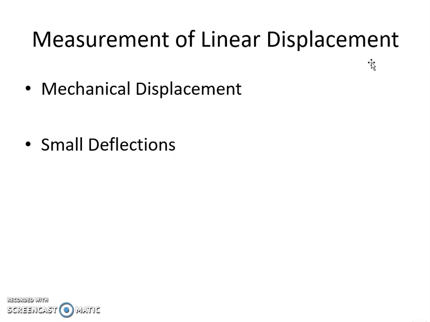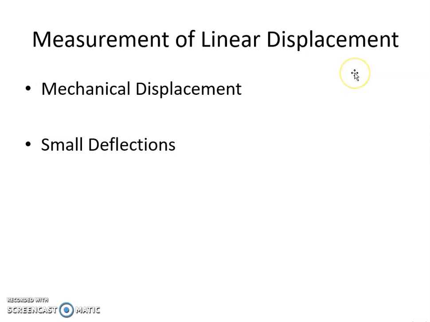But in order to measure very small displacements or small deflections of the order of 0.25 mm, we use differential transformers, for example the LVDT. To measure small deflections, we cannot use the regular transducers used to measure mechanical displacements.